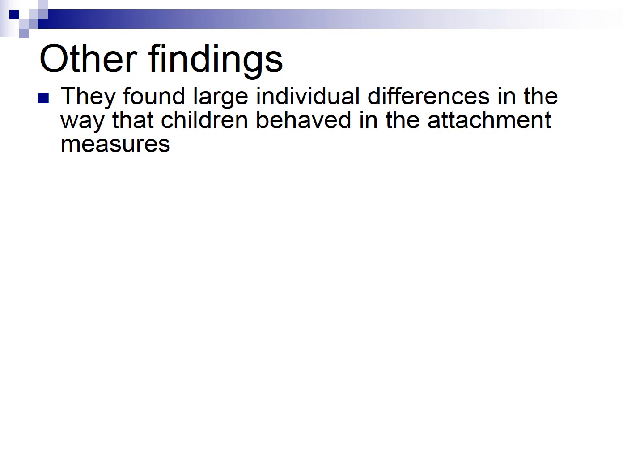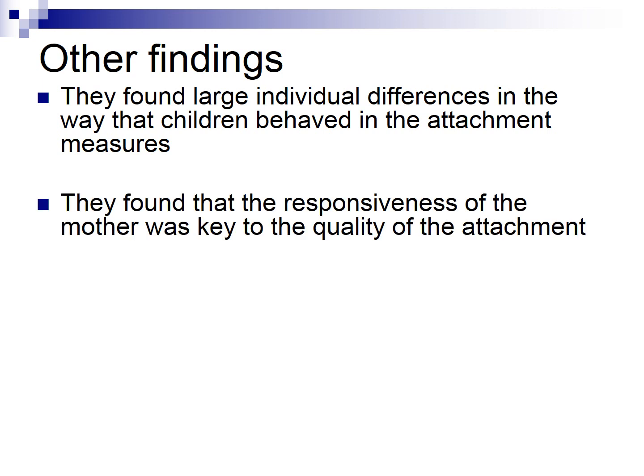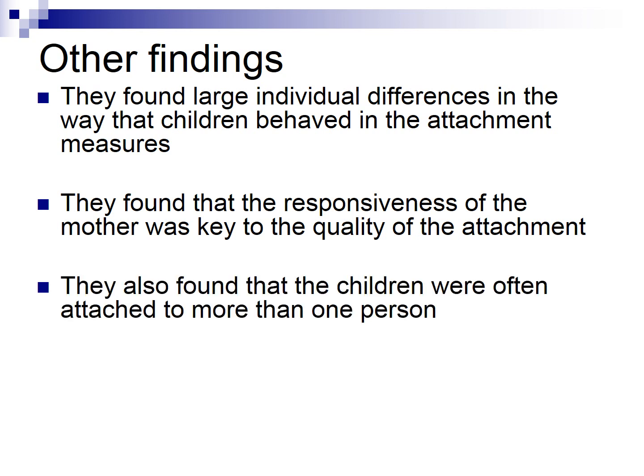Other things that they found included large individual differences in the way that they behaved, so that actually there's a lot of variation between children in the way that they attach. Responsiveness of the caregiver, in this case the mother, was very key to the quality of the attachment, so whether this is strong, whether this is positive, whether this is negative.